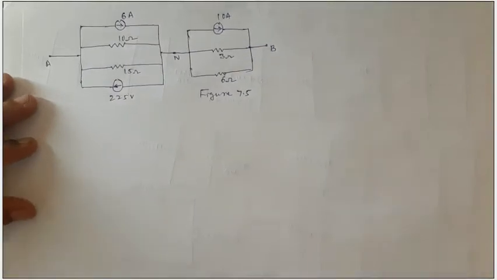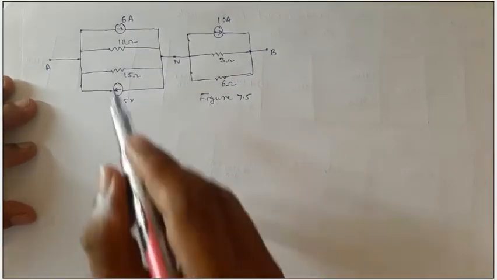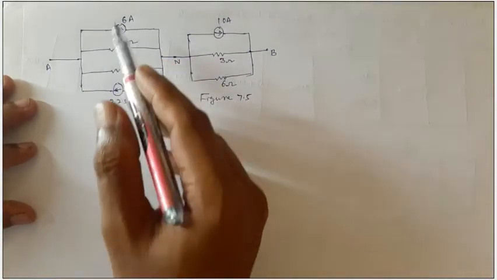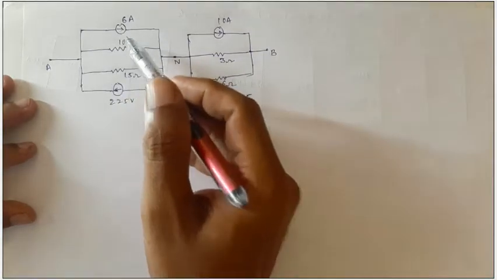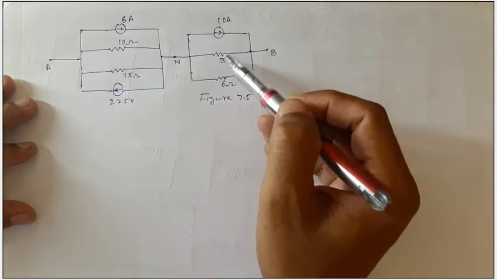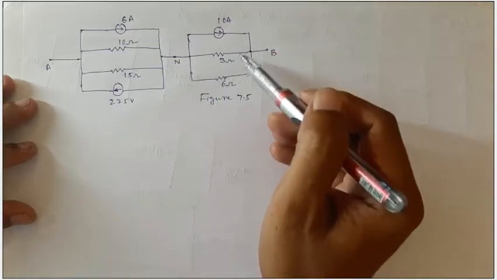Now the network is very simple, dear students, because there are two current sources which are in parallel here, which we can reduce to a single current source, and here two resistors can be reduced to a single resistance.